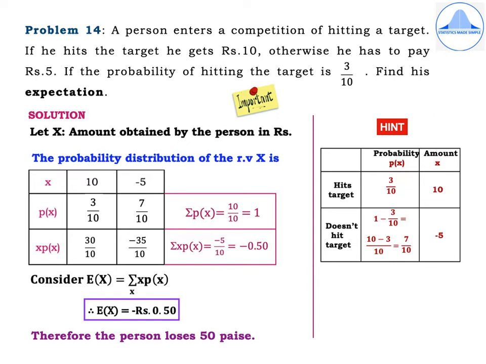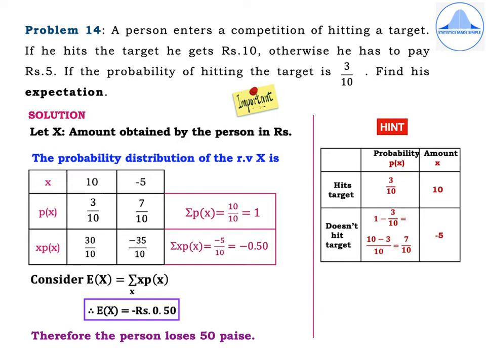Under the first column, we have hits the target and doesn't hit the target. In the second column, I have the probability, which is nothing but P(x). And in the third column, we have the amount, which is small x. Under the probability for hits the target, write the value given in the problem, which is 3 by 10, and the amount is 10 rupees.